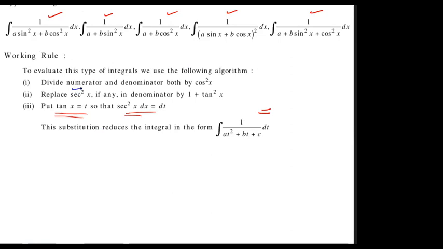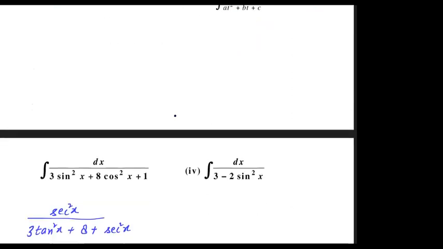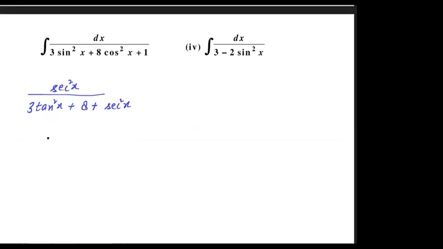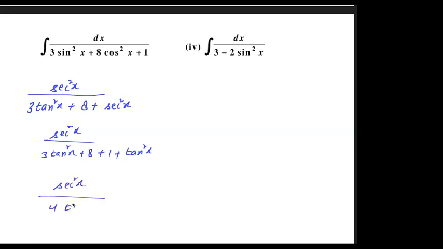Wherever you have this sec square x, if it is in the denominator, convert it into 1 plus tan square x, right? So it will come out to be sec square x divided by 3 tan square x plus 8 plus 1 plus tan square x. So finally, we will have sec square x upon 4 tan square x plus 9.